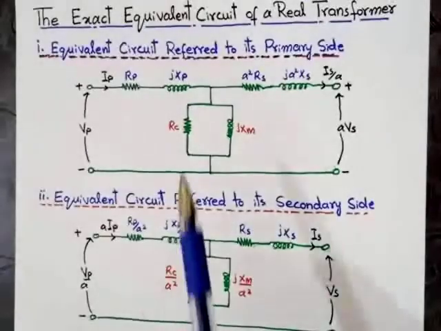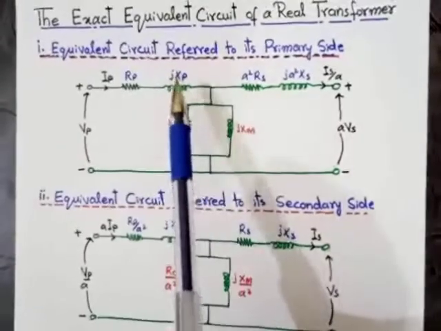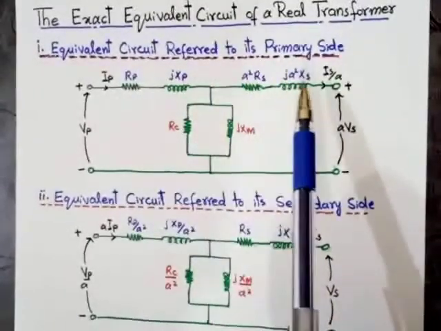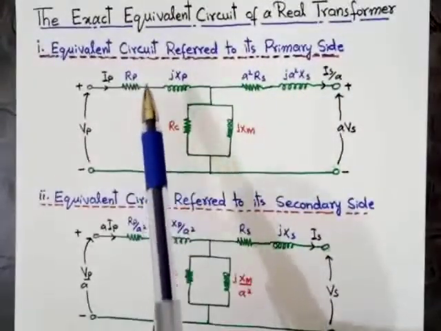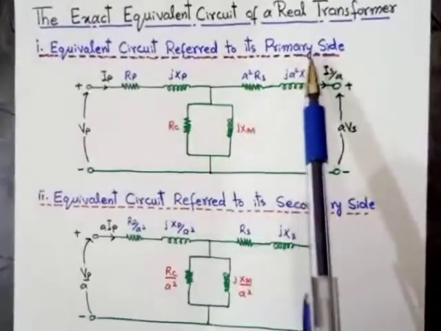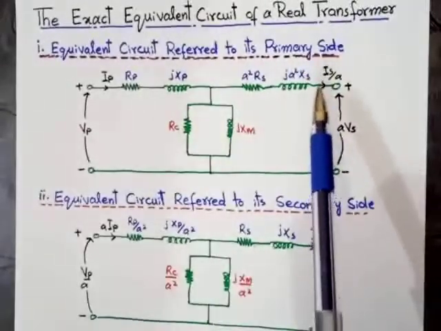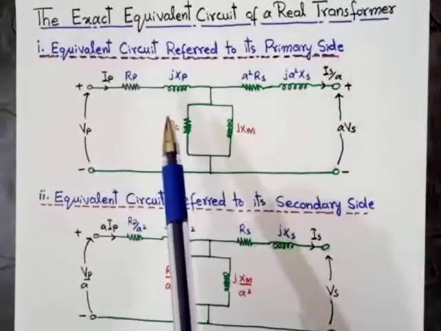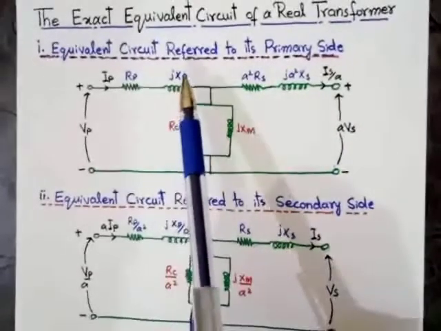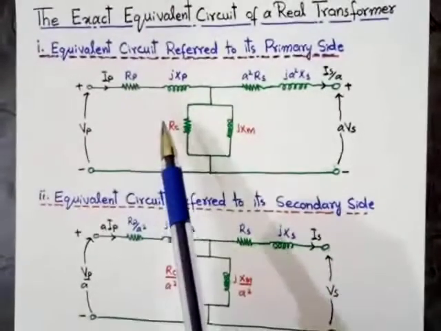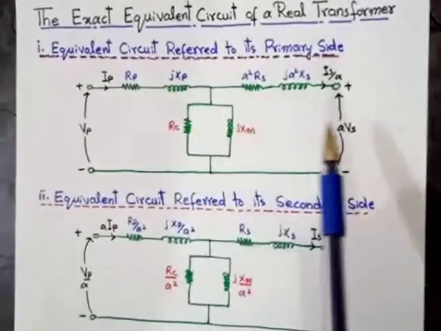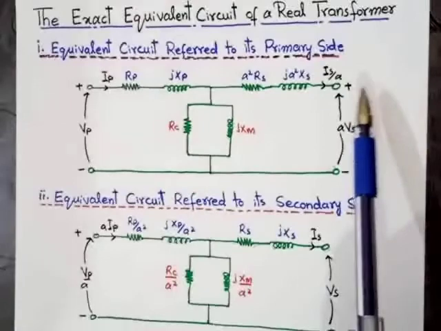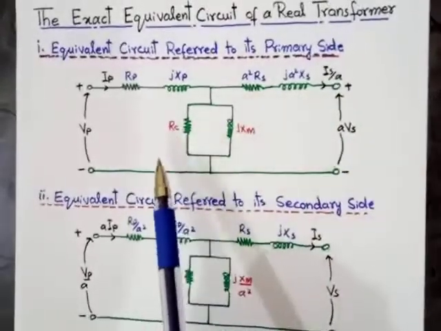Now, first of all, we convert the secondary side into the primary side. It's called the equivalent circuit referred to its primary side. It means in this case the primary parameters will remain the same, and our main objective is to convert the secondary side parameters into the primary side.